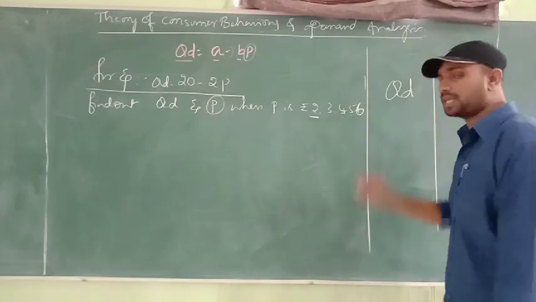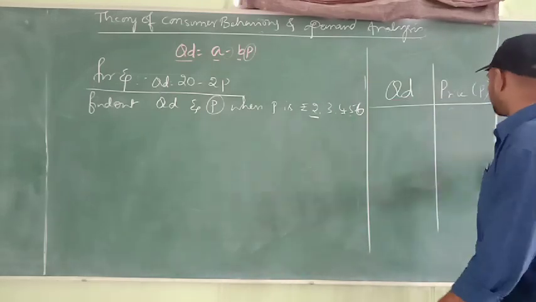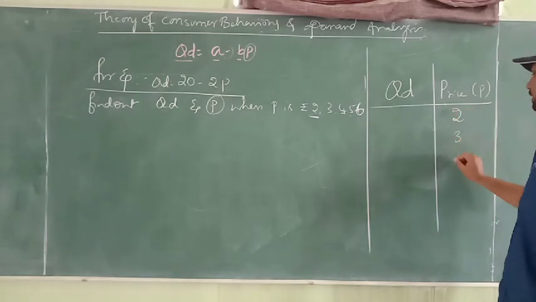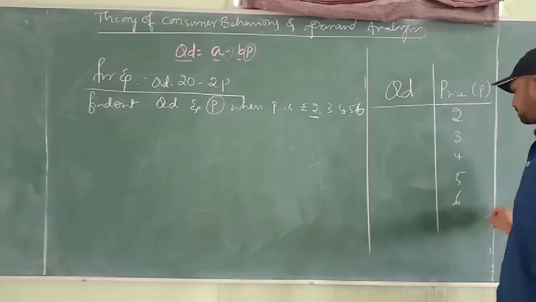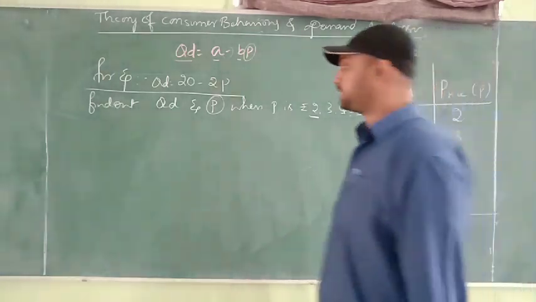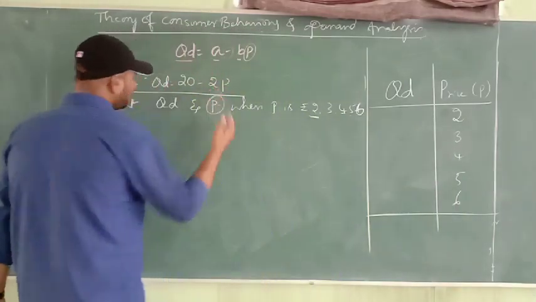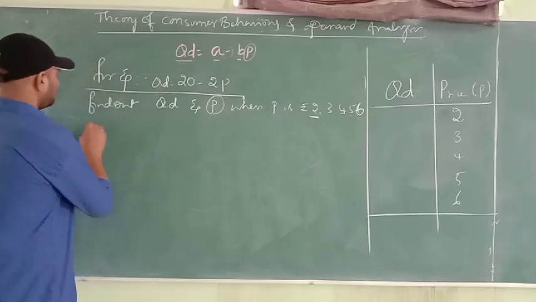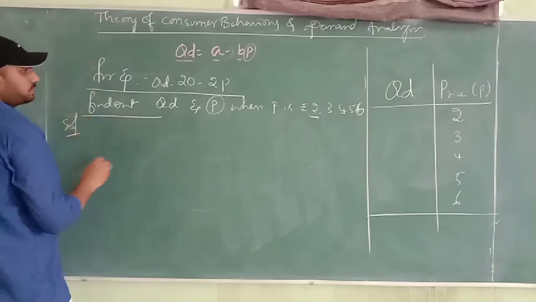QD stands for quantity demand. Okay. If the price increases from rupees 2, 3, 4, 5, 6, what will be the quantity demanded, that we need to analyze. You substitute the values. Most of the students will know how to substitute. So the solution is very clear.